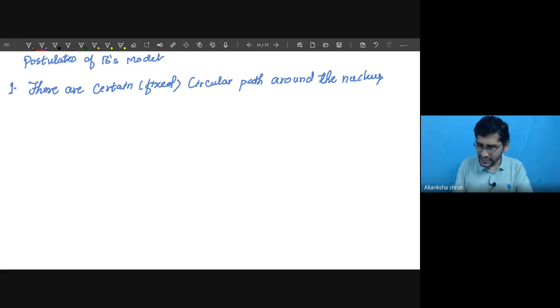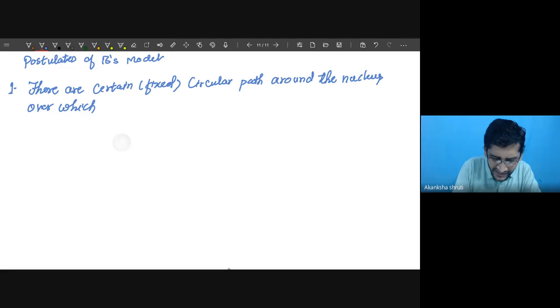Over which, means this path is inside the atom, but it is outside the nucleus. Around the nucleus, over which electrons can revolve.